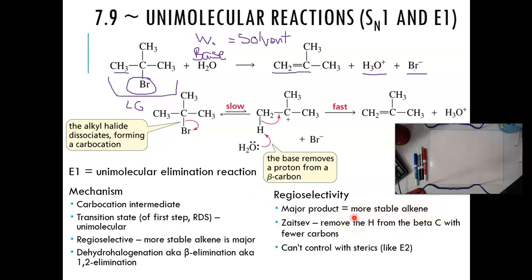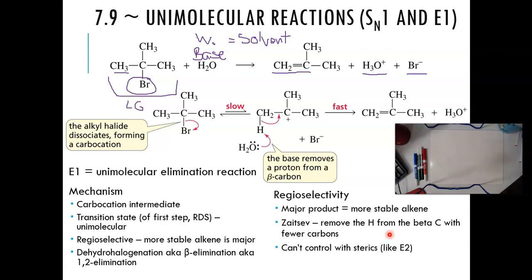And what we learned in our first video is that the more stable alkene is the one that is more substituted. So this goes back to being the Zaitsev product. So our major product is the Zaitsev product, and this is going to result from removing a hydrogen from the beta carbon with the fewest amount of hydrogens.